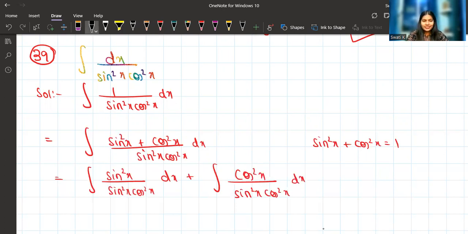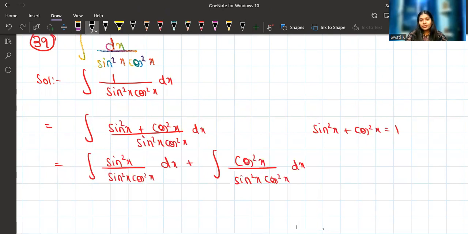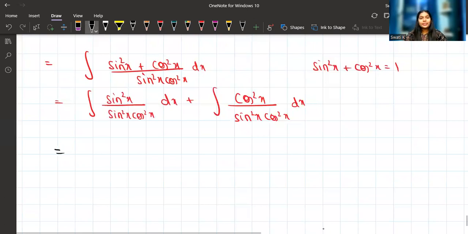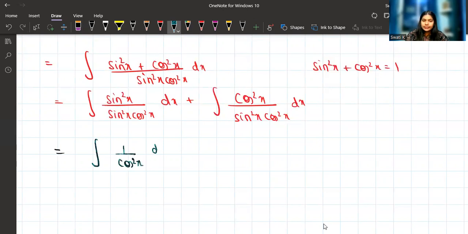All right, we are almost towards the end. If you are watching the video till here, hats off, because that patience is not in everyone. So very nice. In the first integral sine square x will get cancelled, so it is integration of 1 upon cos square x dx, plus, in the second, cos square x will get cancelled, so it is integration of 1 upon sine square x dx.